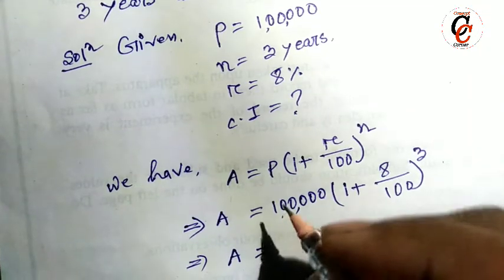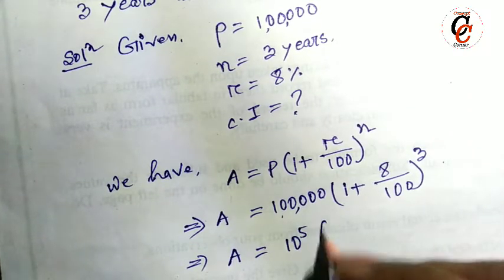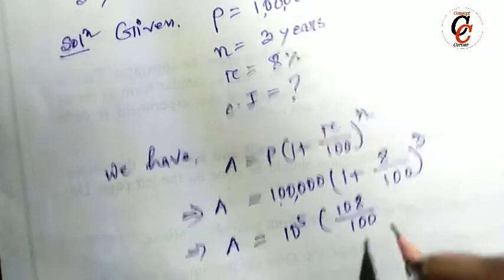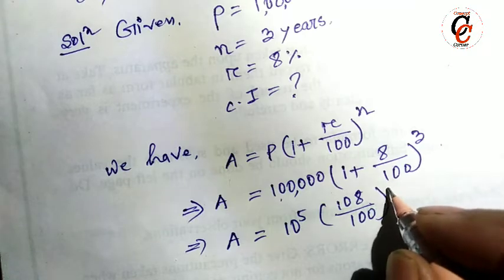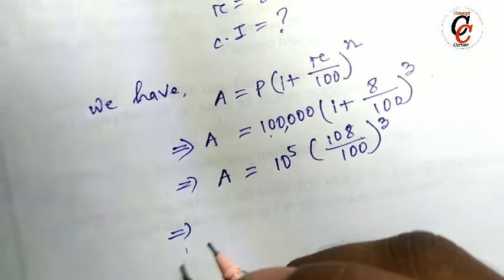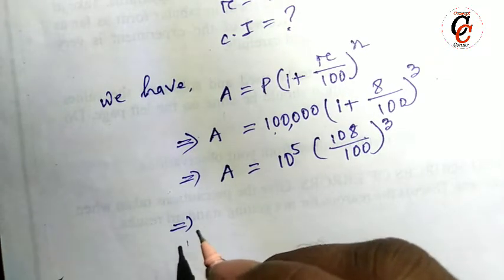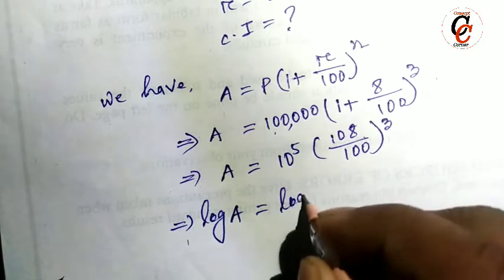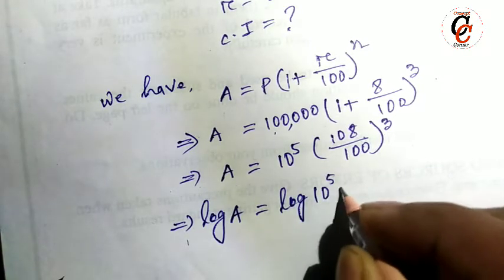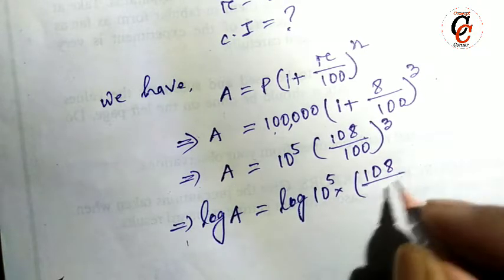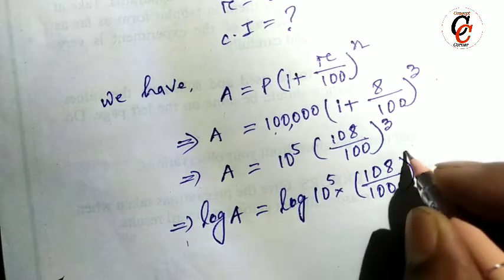So A will be equal to 10 to the power 5 into (108 by 100) to the power 3. So now we have to take log of both sides. Log of A is equal to log of 10 to the power 5 into (108 by 100) to the power 3.